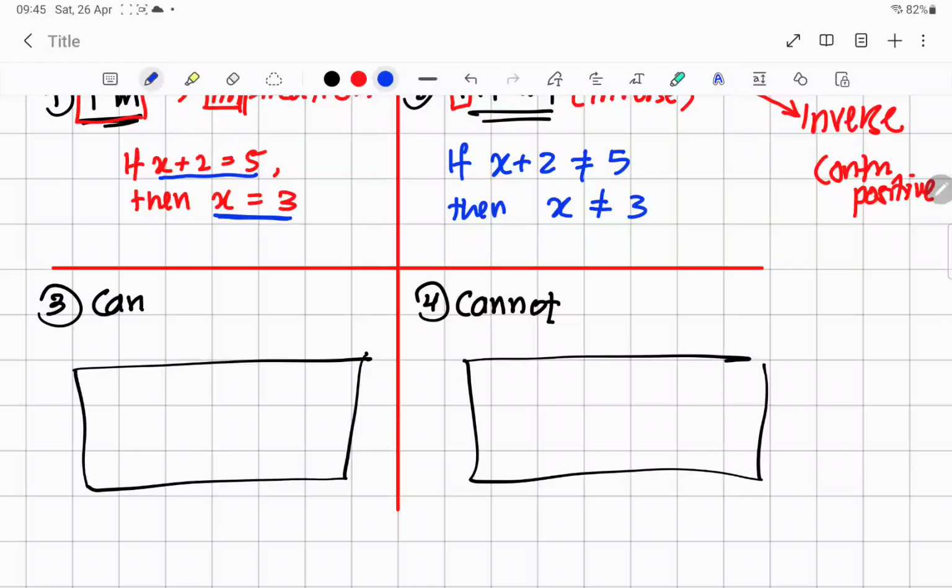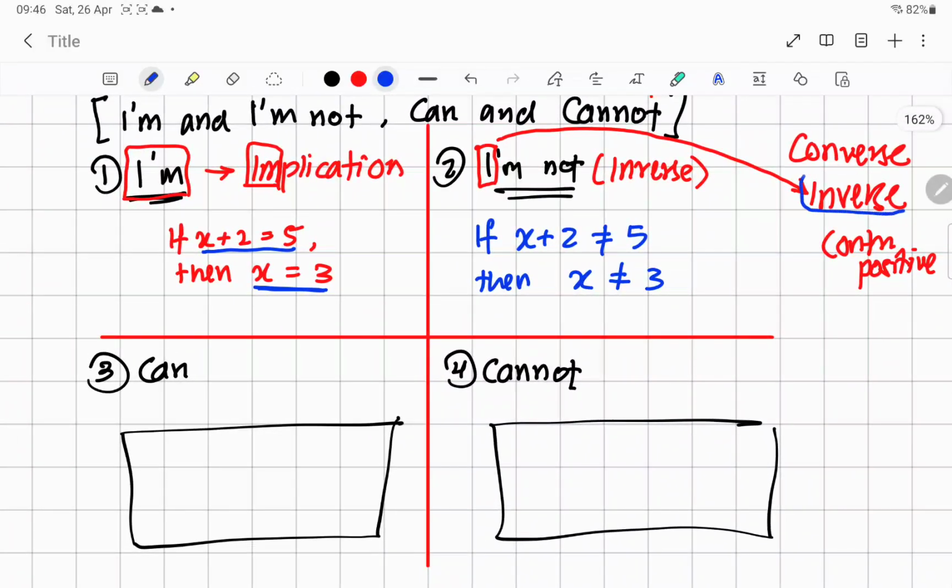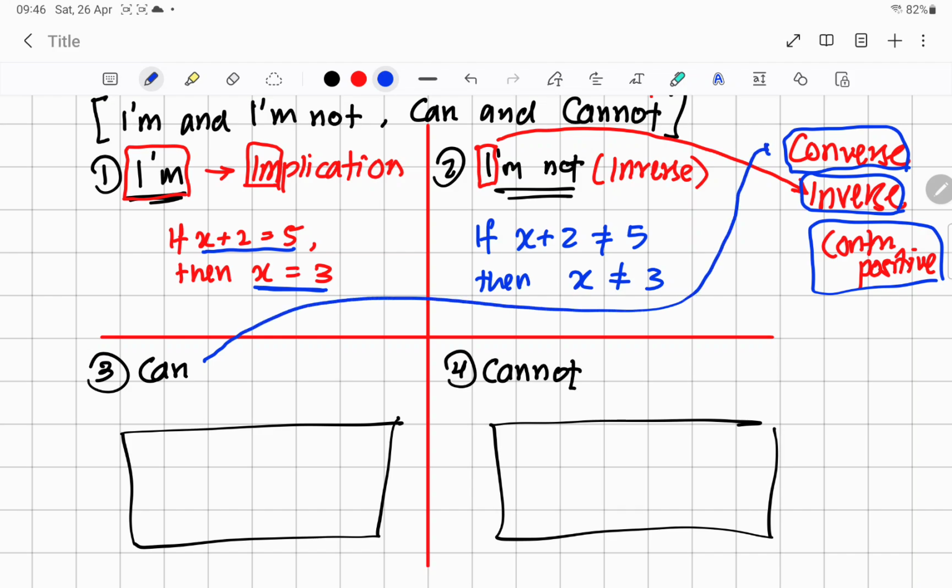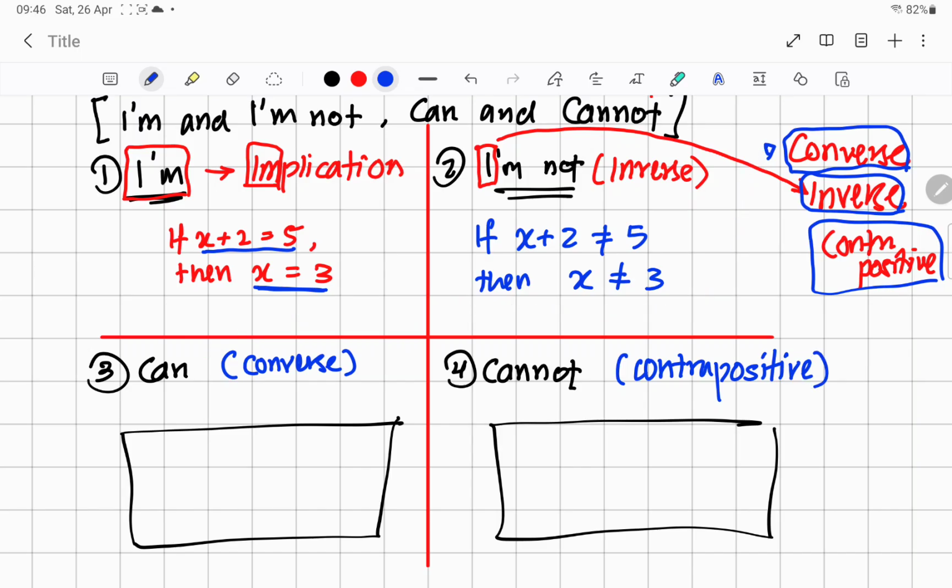Now how do you find the can and cannot? Just now you have found the inverse, so you have the converse and contrapositive left. You need to remember that can refers to your converse, so automatically cannot will be your contrapositive.